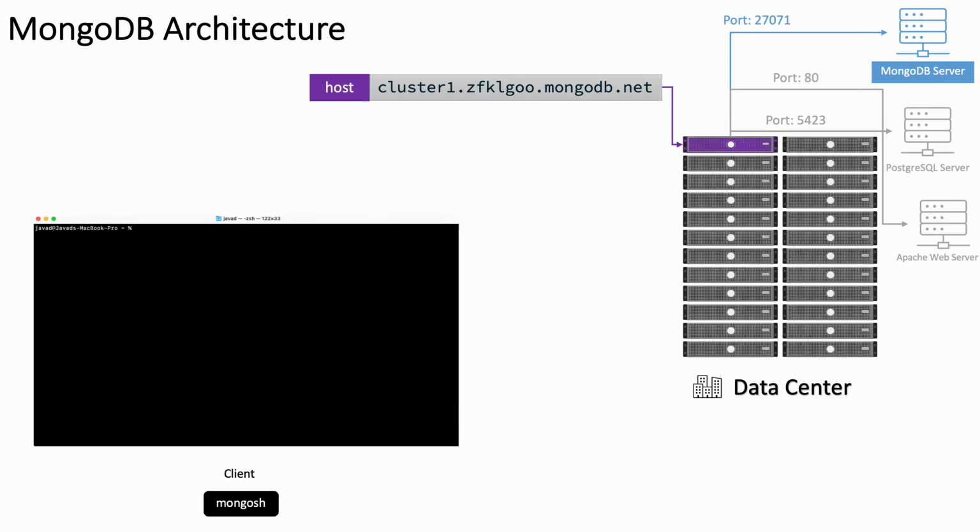In order to talk to this MongoDB server from our MongoDB client, let's say the mongosh shell, we need to determine a connection string, which basically has the address of the host and the port on which MongoDB is running on that host. We may also need to determine the database name and some authentication credentials.